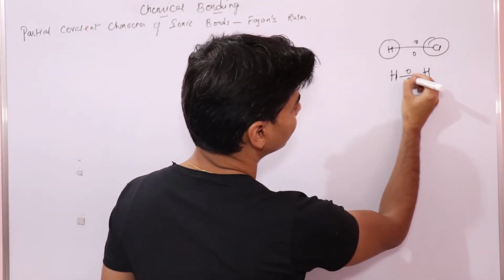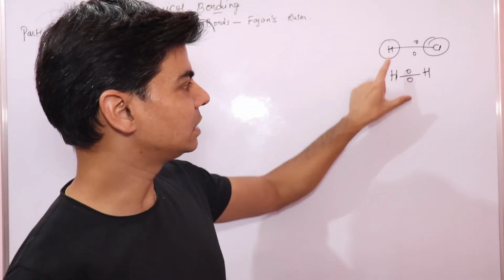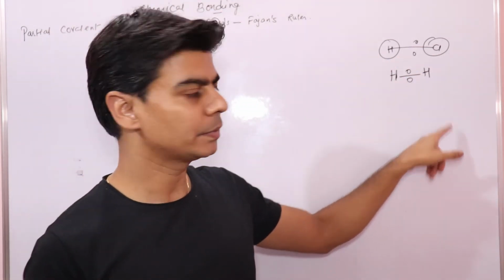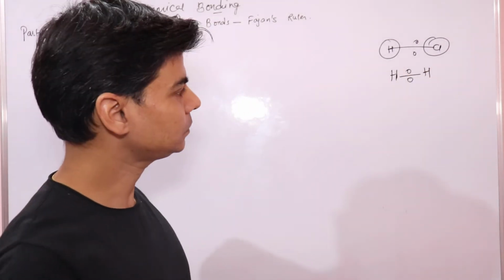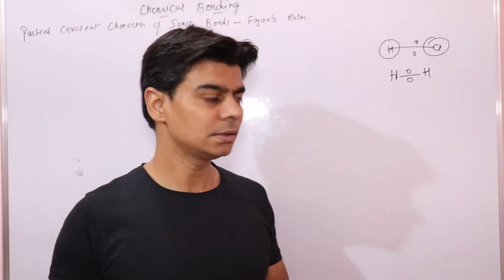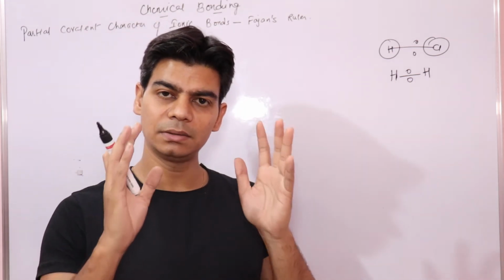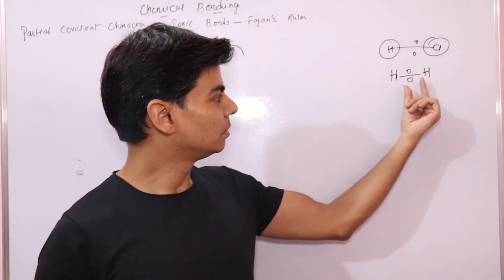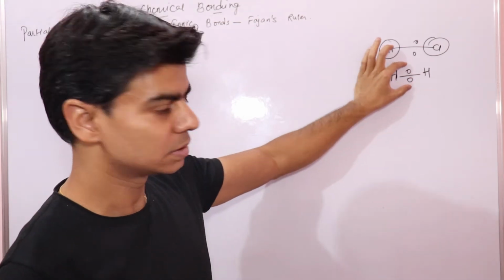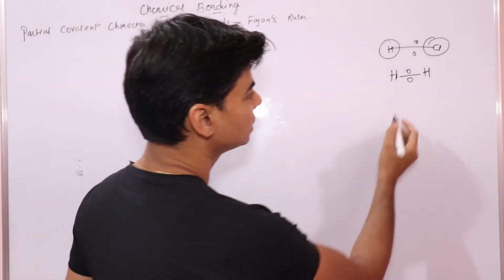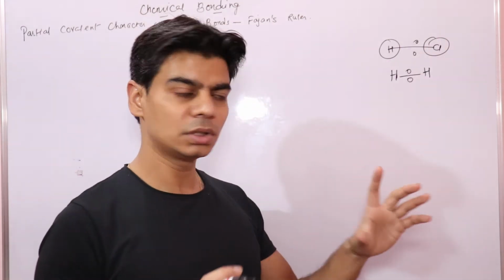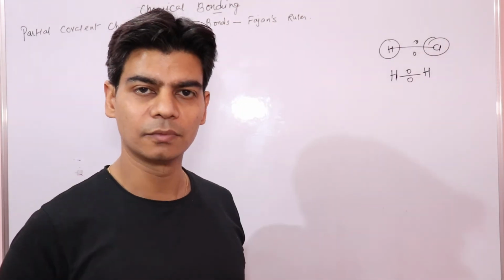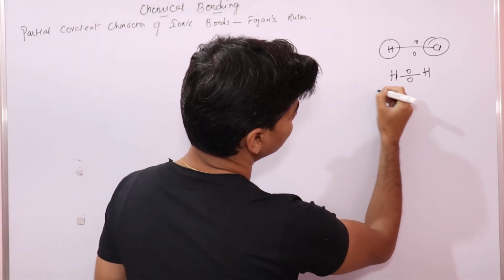Here the bond pair lies in the middle of the hydrogen atoms because of the same electronegativity of both atoms. One important thing to note is that this shared pair or electronic charge lies in the middle of the atoms.